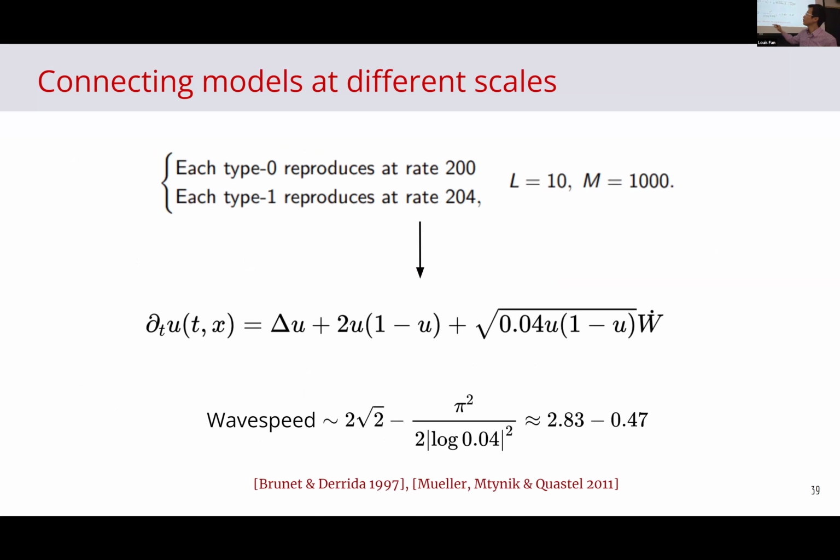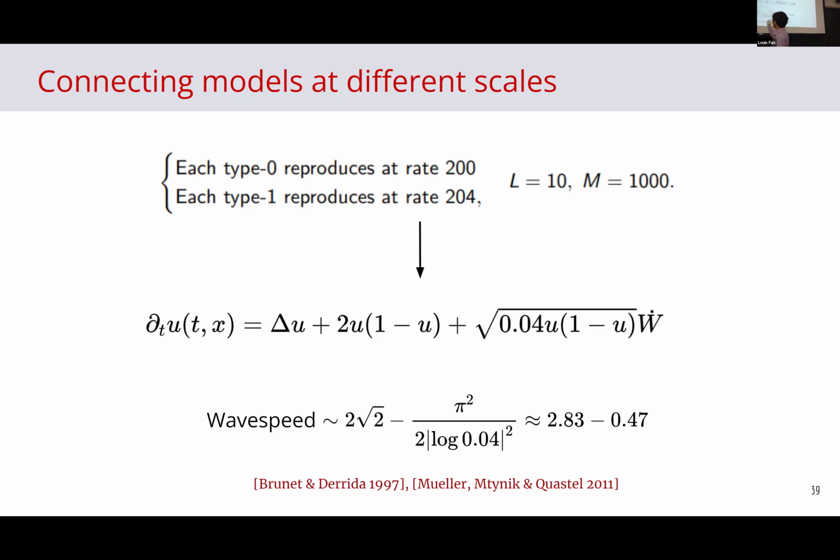From this, we can look at theoretical results we know about this equation. It was predicted by Brunet and Derrida and later proved by Mueller, Mytnik, and Quastel that for small noise, when gamma is small enough, the speed is a little slower than the 2 times the square root of alpha beta of the FKPP equation.